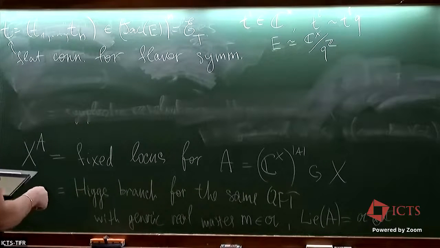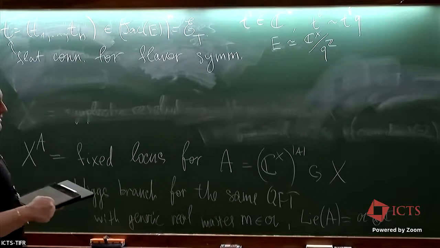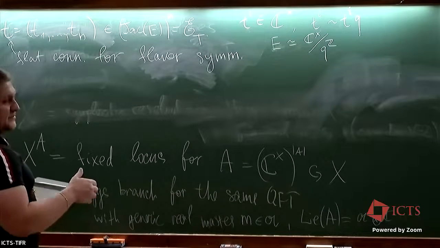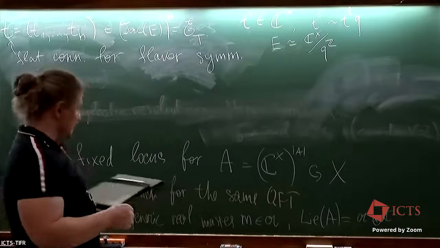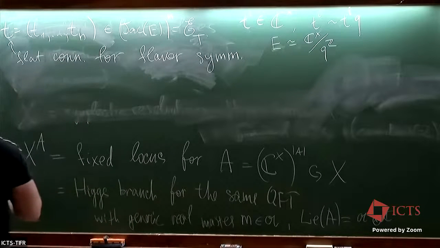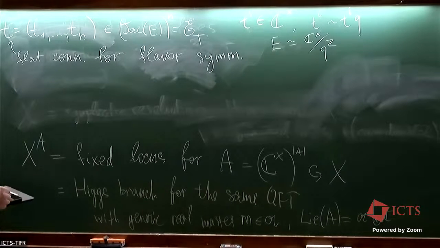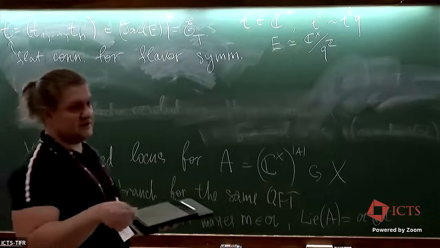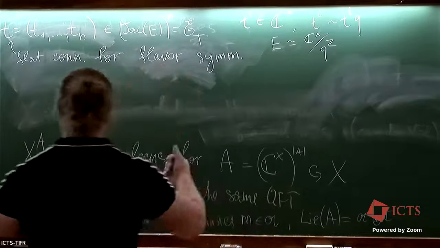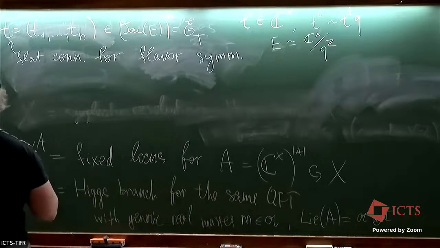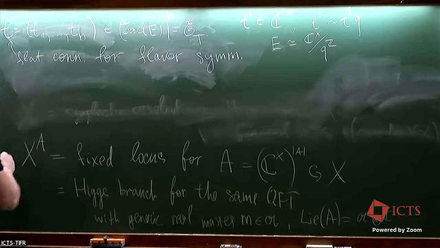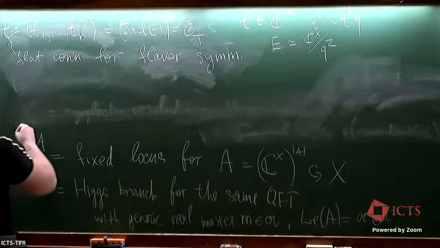In 3 dimensions, there are in addition symmetries that are in the physics literature called topological symmetries, which do not act on the Higgs branch, they act on the Coulomb branch, but nevertheless they are present in the theory. And you can also introduce flat connections for topological symmetries.